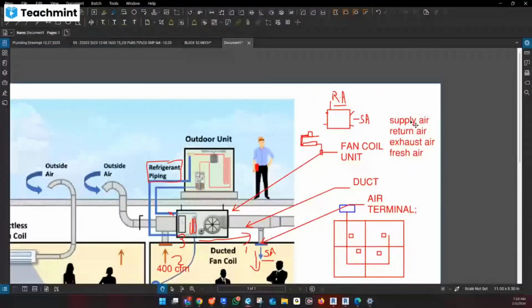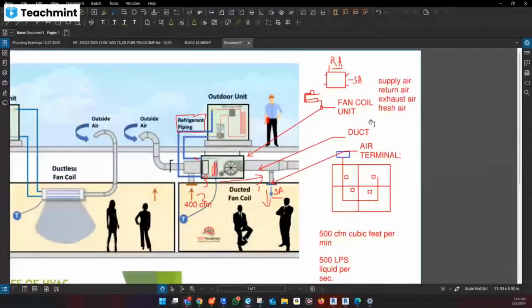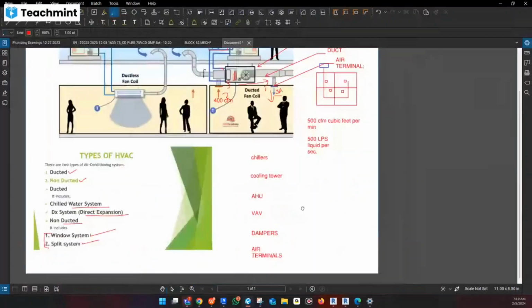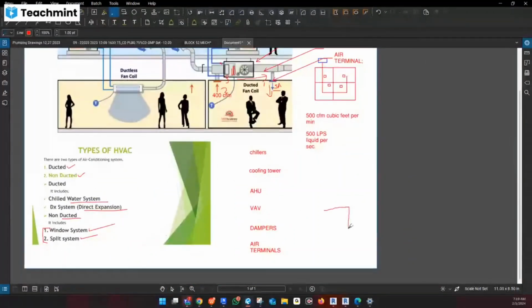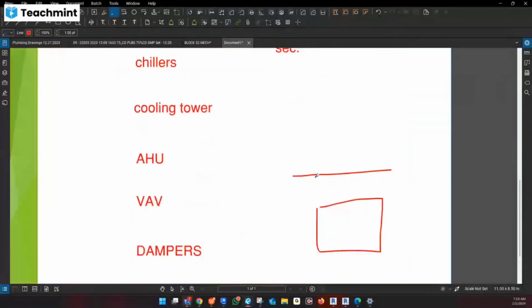Now, if I'm just talking about this system, let's say we make one room over here. I'll give you the basic sketch of this. There is a room, and here is a roof. On the roof, let's say we have a bigger AHU. We have two rooms here.